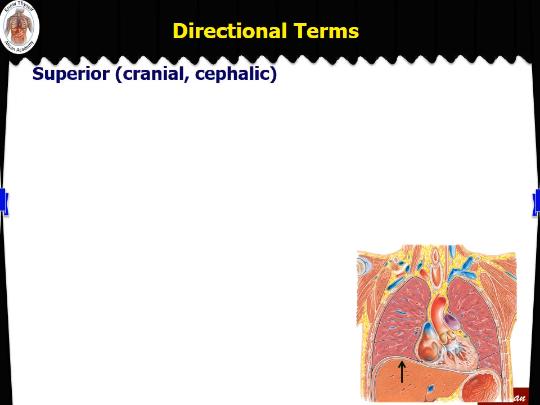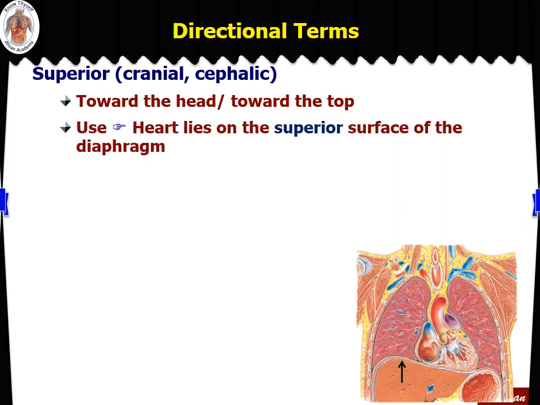It is superior. Superior means it is towards the head or towards the top. You see here the arrowhead is showing the position of the diaphragm and the lung above it. So the lung is superior to the diaphragm, means it is on the superior surface of the diaphragm. The contrast terminology is inferior, close to the tail.